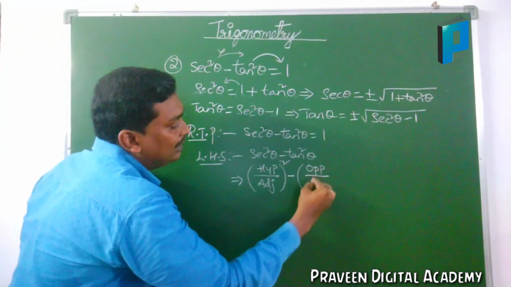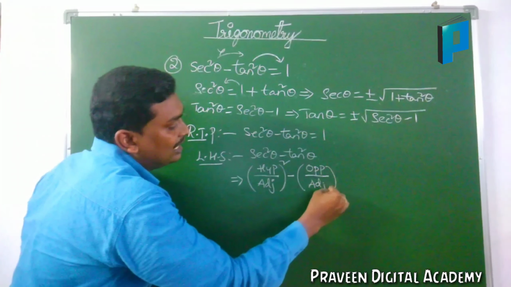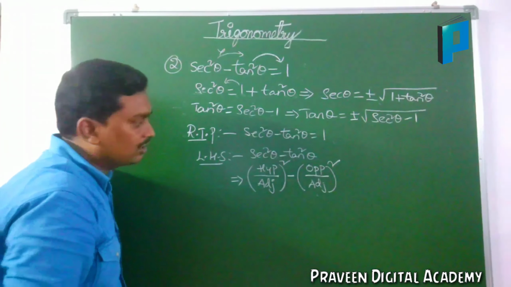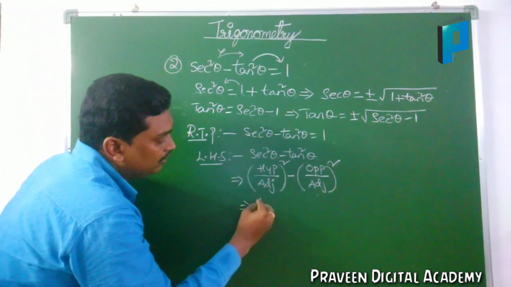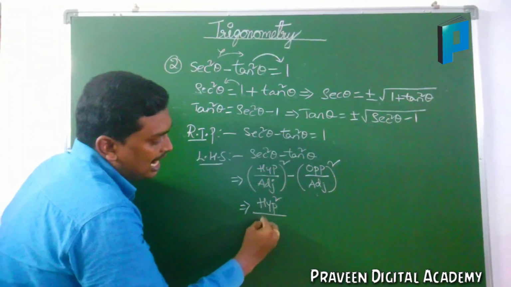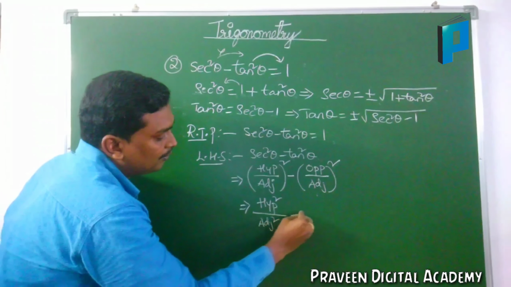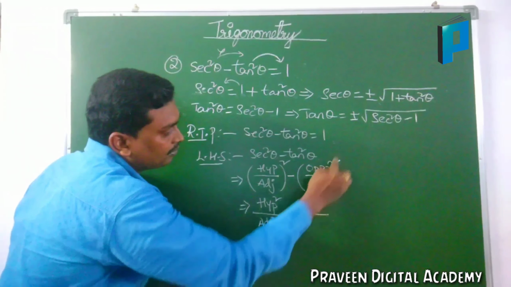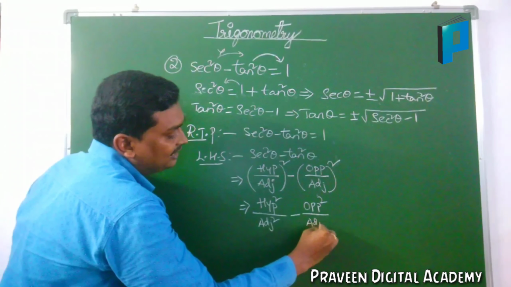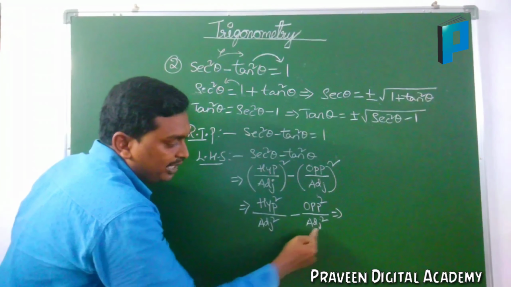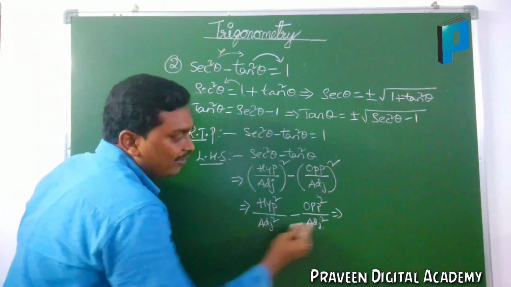Opposite side by adjacent side is called tan theta, and the square is there too. What can I write for this? Hypotenuse square by adjacent square minus opposite square by adjacent square. Here both the denominators are equal.